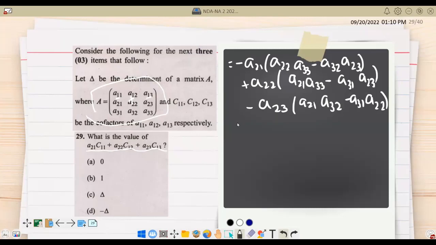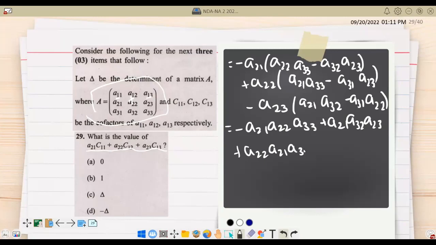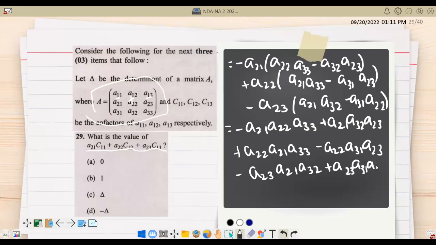Now if we expand this, we get minus A21 A22 A33 plus A21 A32 A23, and then plus A22 A21 A33 minus A22 A31 A23, and minus A23 A21 A32 plus A23 A31 A22.